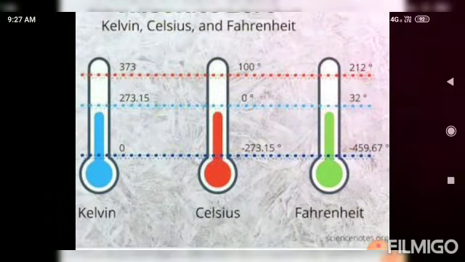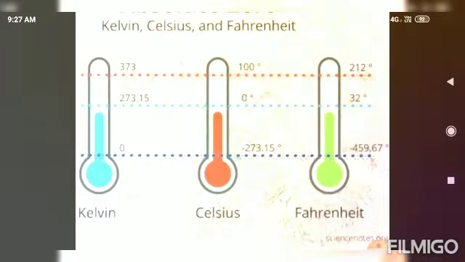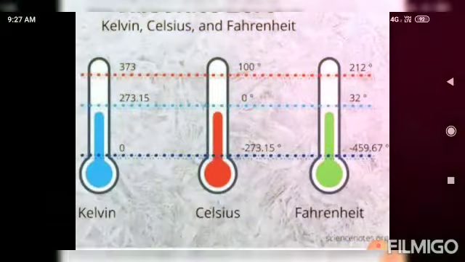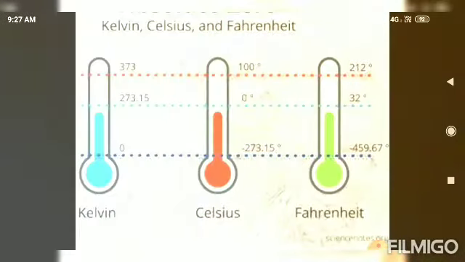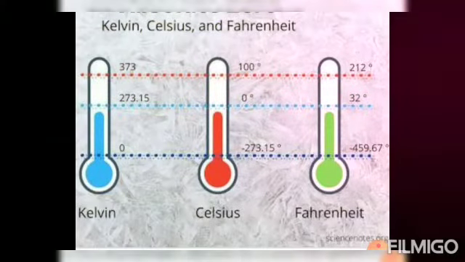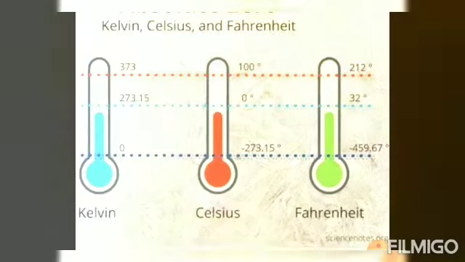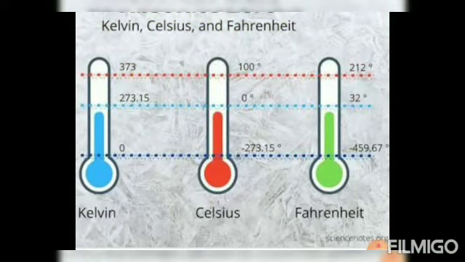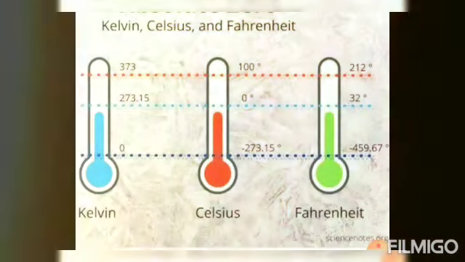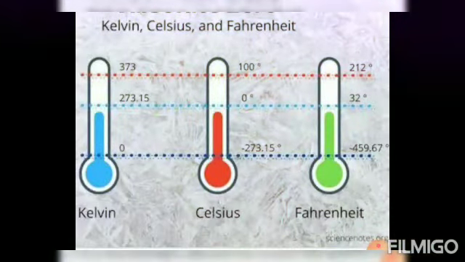The lower fixed point in Celsius scale is 0 degrees Celsius and the upper fixed point is 100 degrees Celsius. In Fahrenheit scale, the lower fixed point is 32 degree Fahrenheit and the upper fixed point is 212 degree Fahrenheit. I hope that you have understood all the different types of scales on a thermometer.